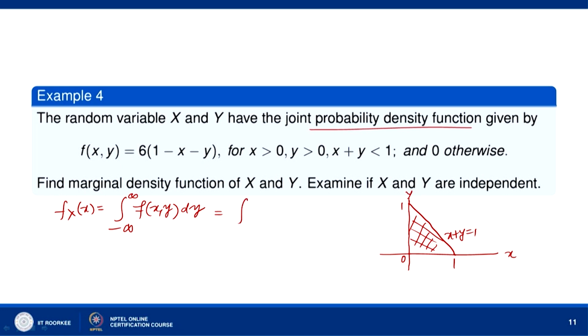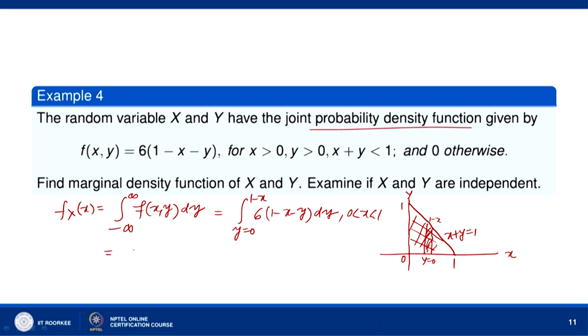So, we integrate over y, x remains constant, so we take a vertical strip. Along the vertical strip x is constant, y varies from 0 to 1 minus x, and we have 6 times (1 minus x minus y) dy. This is the case when x lies between 0 and 1. If x lies elsewhere, fxy will be 0.